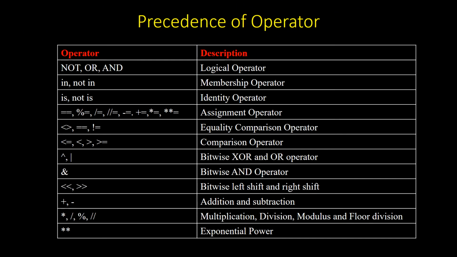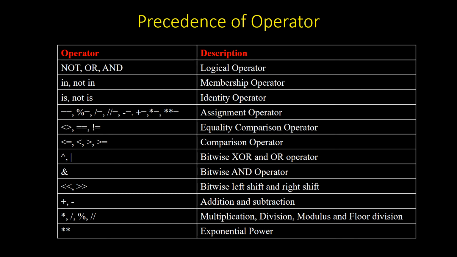Having seen all these operators, when you execute a simple example or a single equation, how is the operator going to be executed? Based on priority, the operators are executed. Here I have shown this from lower precedence to higher precedence.